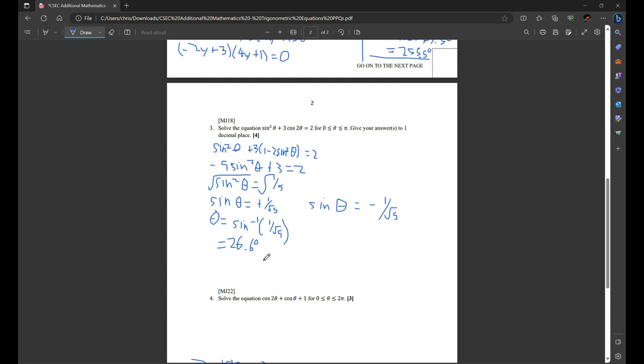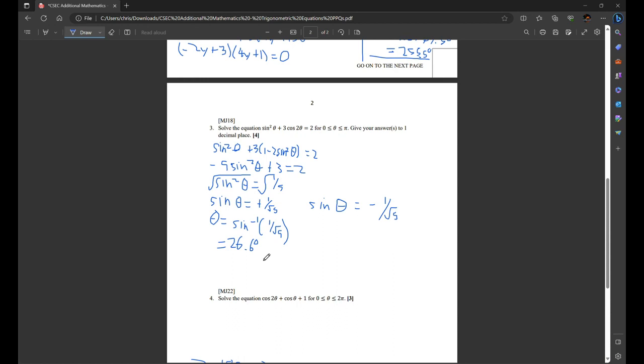Our other solution for theta, however, if you remember, because sine is positive in the first and second quadrants, will lie in the second quadrant, right? So that's our other solution. Because if you put in that angle, then you're still going to get 1 over root 5 for your answer.